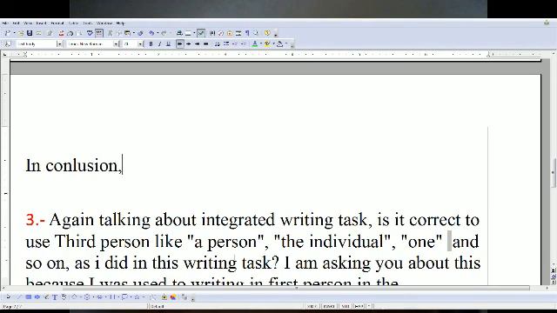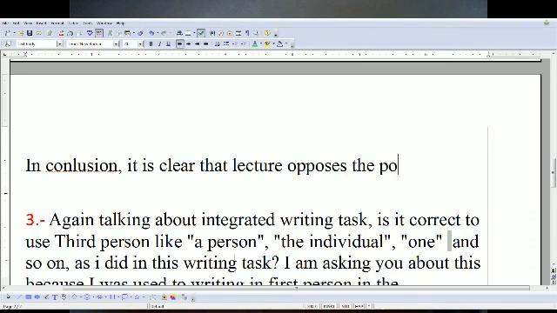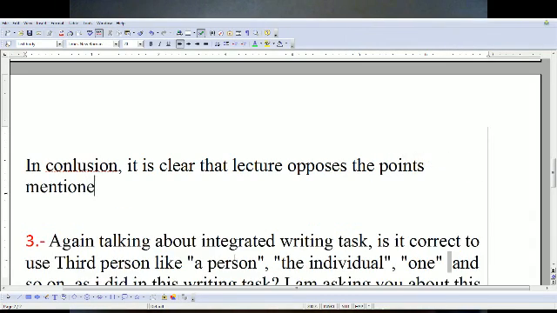So you might want to say, if you don't have a lot of time, say, it's clear that the lecture opposes the points mentioned in the reading passage, right? So if you don't have a lot of time and you need to get it done quickly, just use a single sentence, something like this.